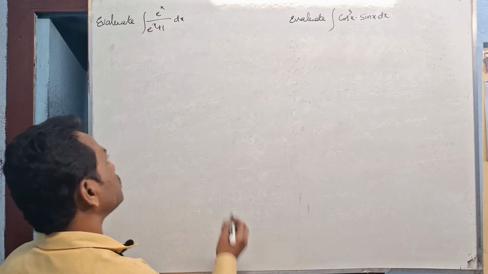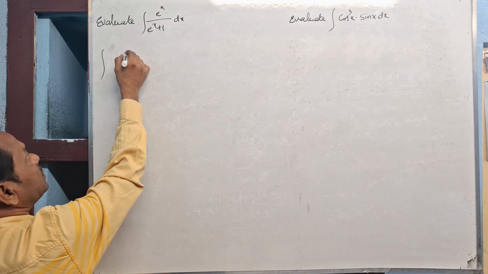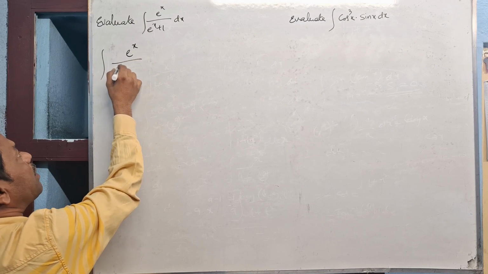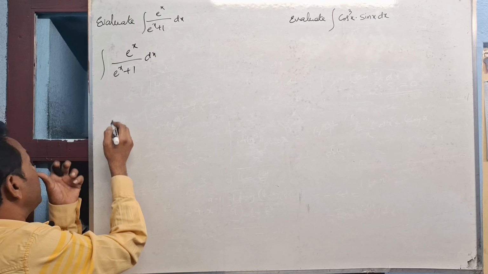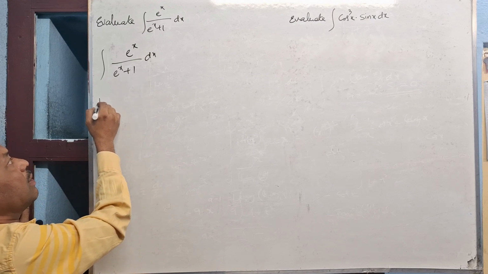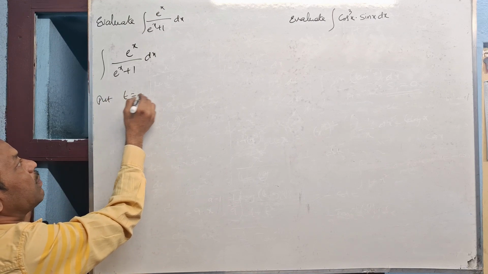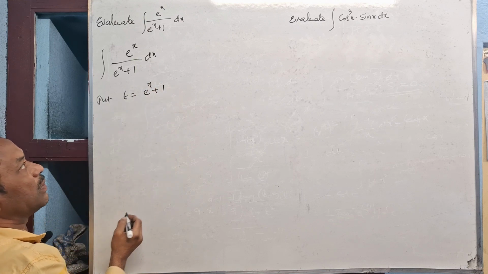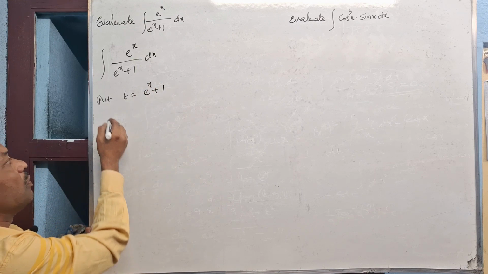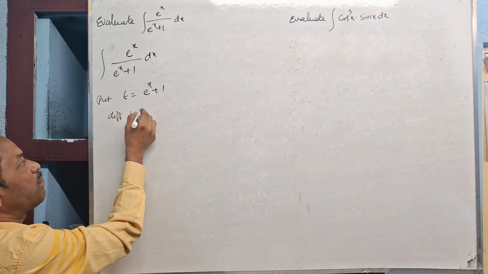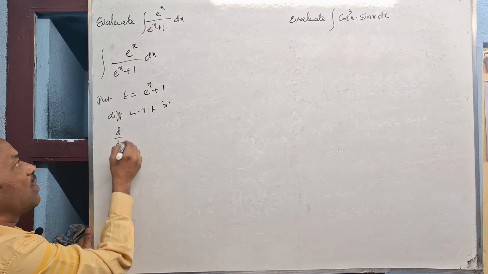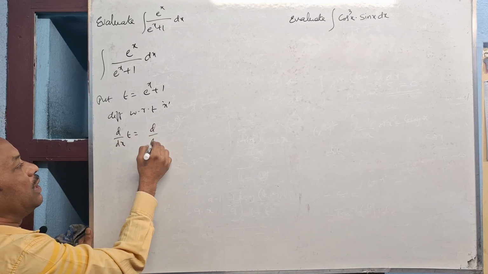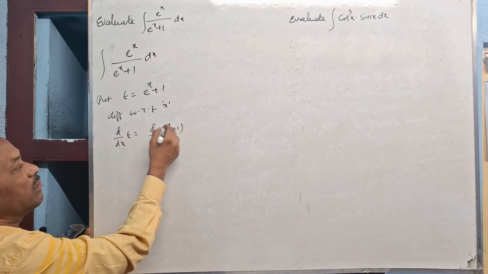But sure, in this question, we need to find the value of integration of e power of x by e power of x plus 1 dx. Now let me take e power of x plus 1 as t. So t equals e power of x plus 1. Differentiating with respect to x on both sides, d by dx of t equals d by dx of e power of x plus 1.